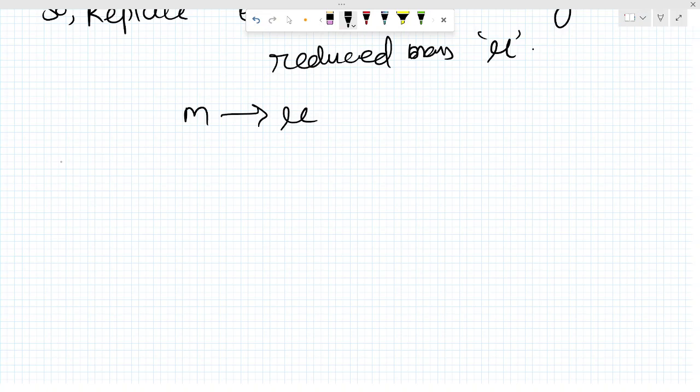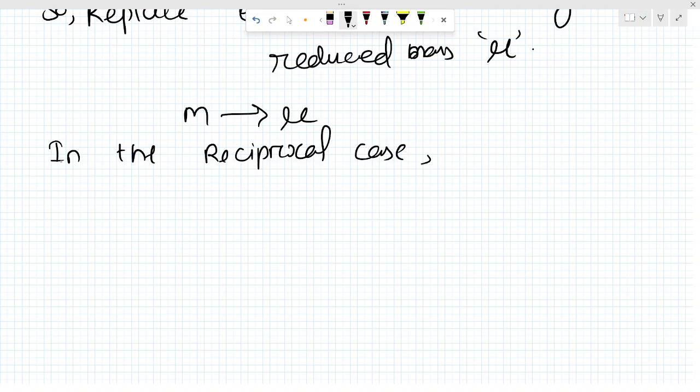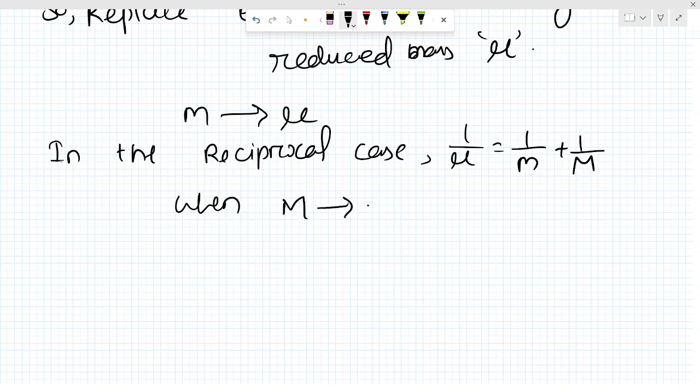In the reciprocal case, where 1 by mu is equal to 1 by small m plus 1 by capital M, we can take the special case out of it, that is, capital M tends to infinity.